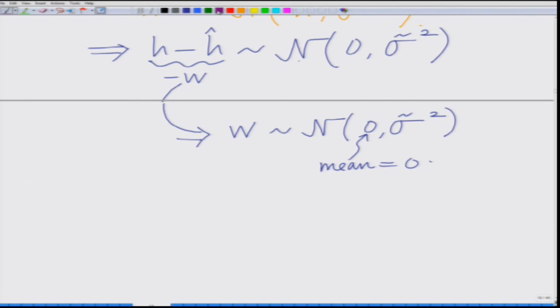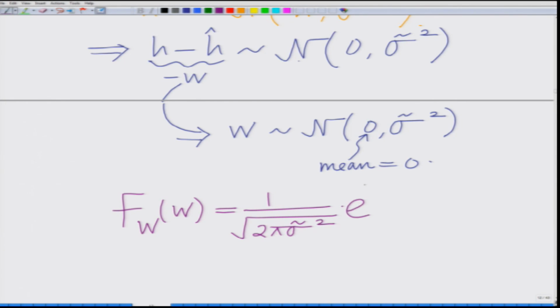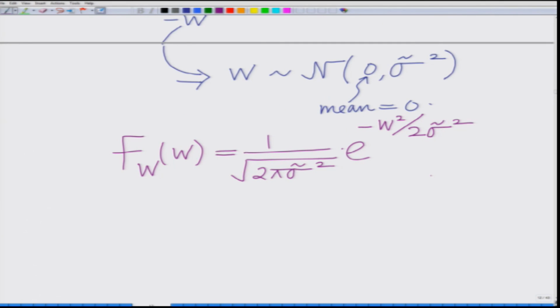And therefore now you can write the probability density function of this estimation error W, which is 1 over square root of 2 pi sigma tilde square e raised to minus W square divided by 2 sigma tilde square. This is the probability density function of the estimation error W.